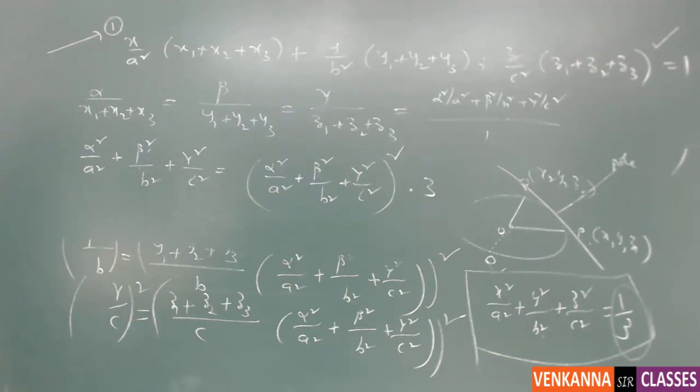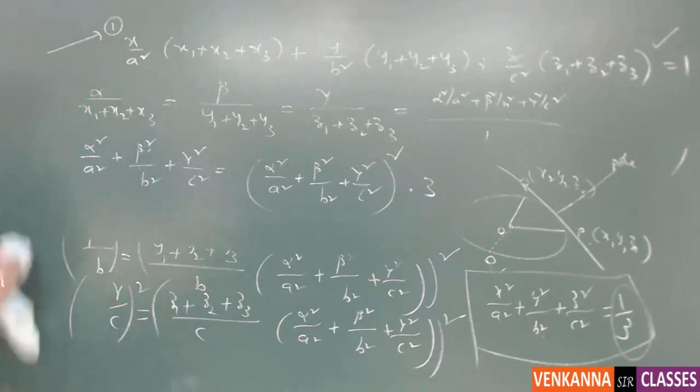If you take squaring on both sides and add them, you will get the relation like this. From this, you will get alpha square by a square plus beta square by b square plus gamma square by c square equal to 1 by 3. Substituting here, you will get the required locus. That's it. Now it is clear?